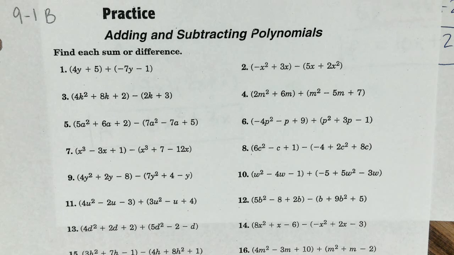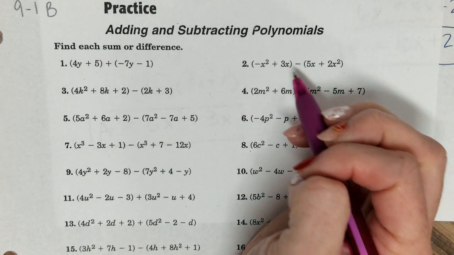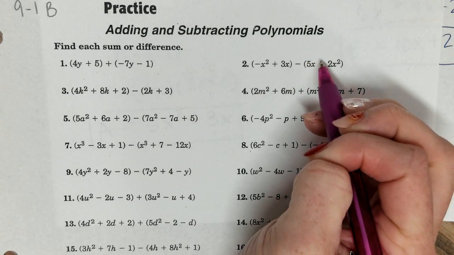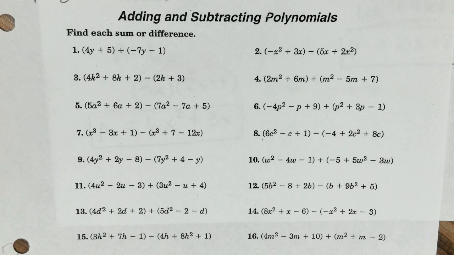If I was you, I personally would go take care of the subtraction ones before I leave the classroom today. So like on number 2, what do I have to do right here? Change, change, change. You have to distribute the negative and change it to a plus sign. I would go take care of all of those. Yes?